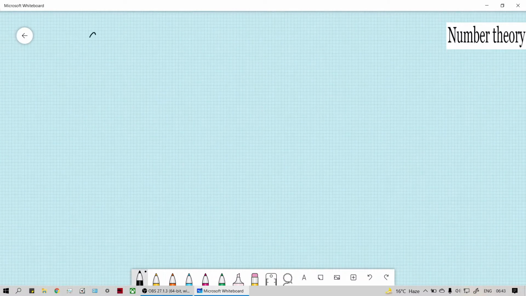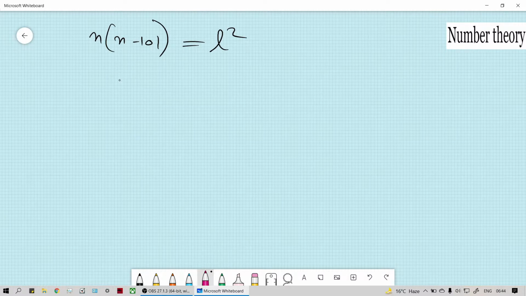Here we have again this problem. What we are interested in now is bringing this digit on the right hand side. So let's see how we can do this.